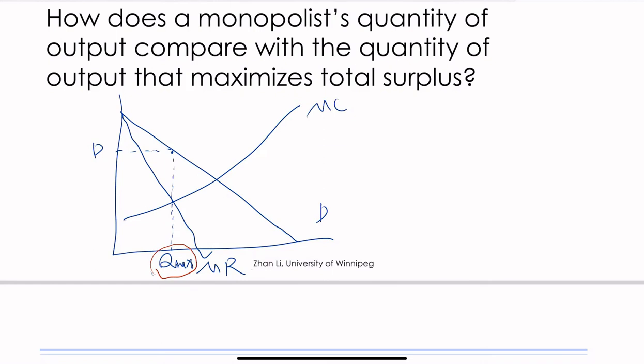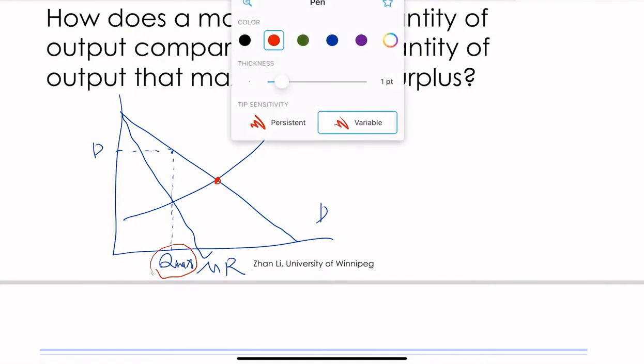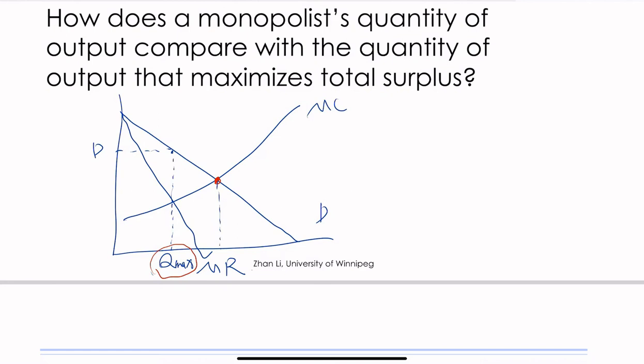And you can see that we can obtain this only at this point, right? So at this point, the quantity is here. So let's call this maybe QE, the efficient quantity. Obviously, the answer is Qmax smaller than QE.